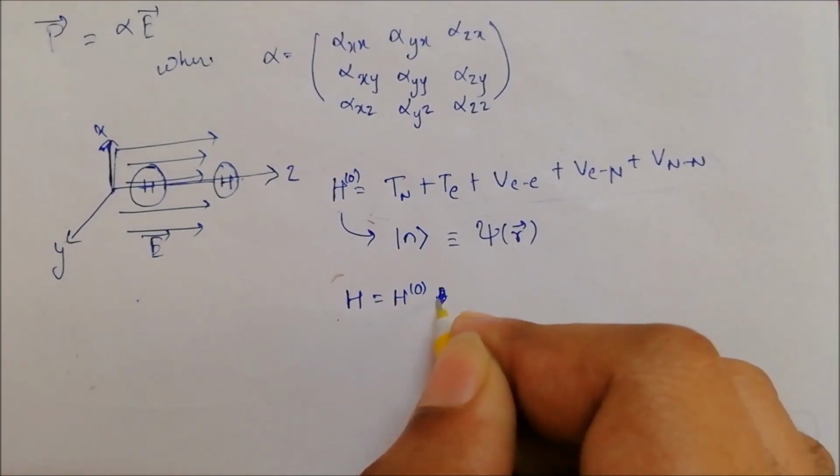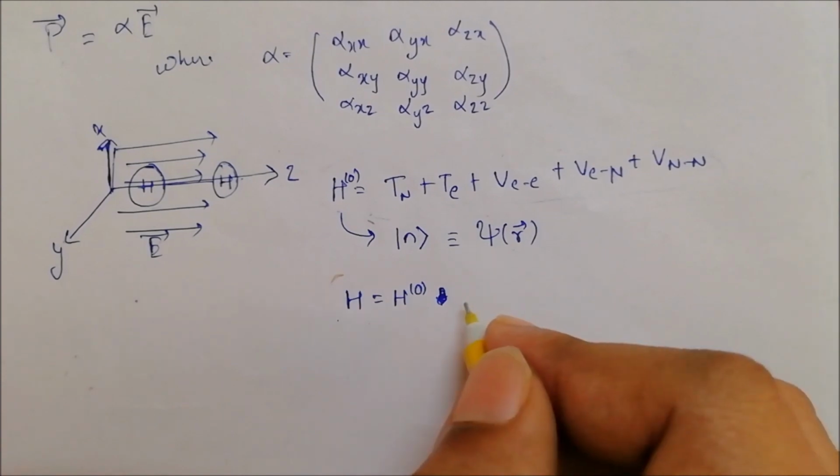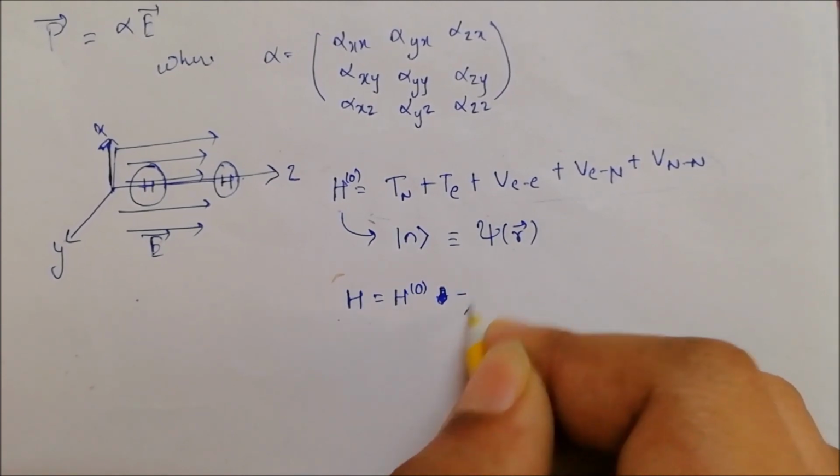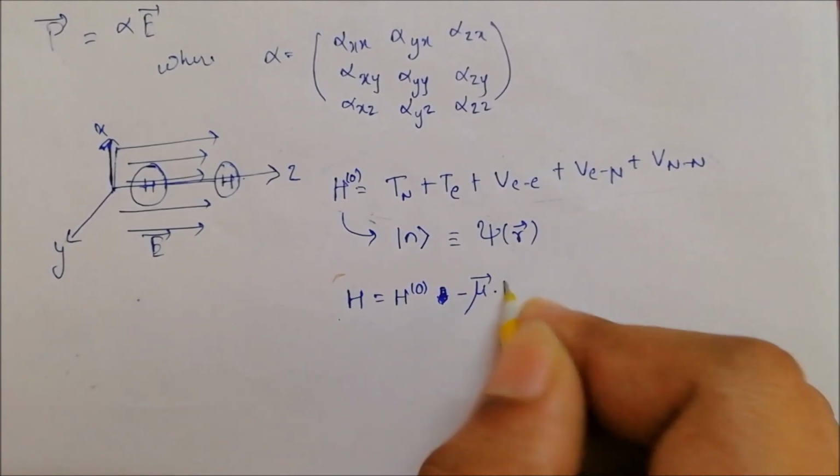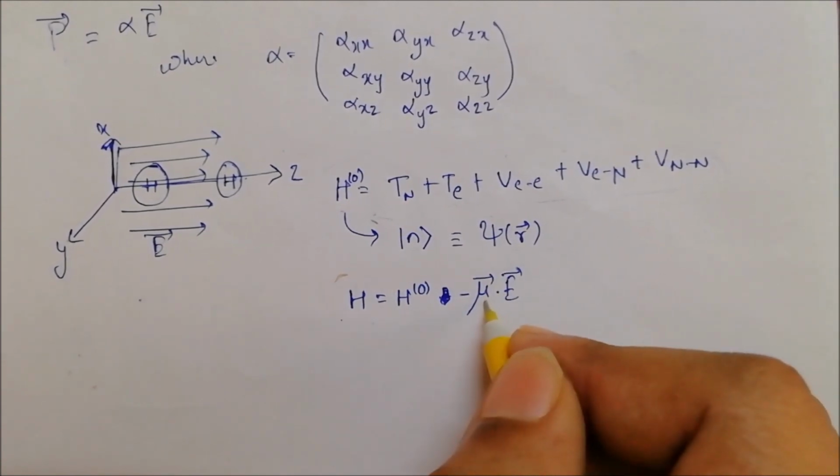And we know from electrostatics that the potential energy given by that interaction of dipole and electric field is just minus mu dot E, where mu is the dipole moment of the molecule.